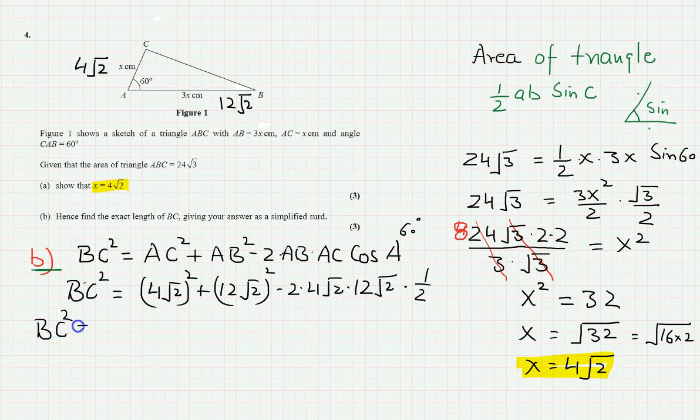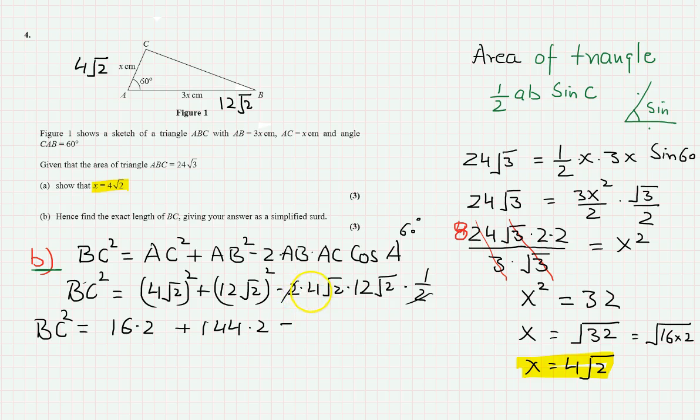So BC square is equal to, the square of 4 is 16 and the square of root 2 is 2, plus 12 square is 144 and root 2 square is 2, minus this 2 and 2 cancel.